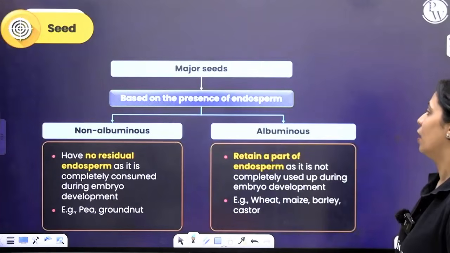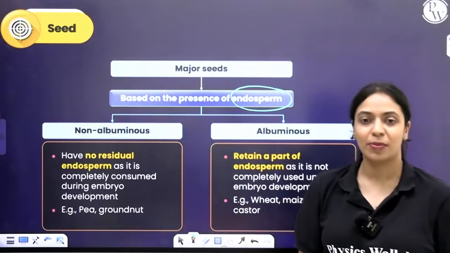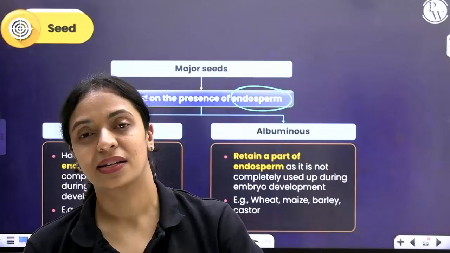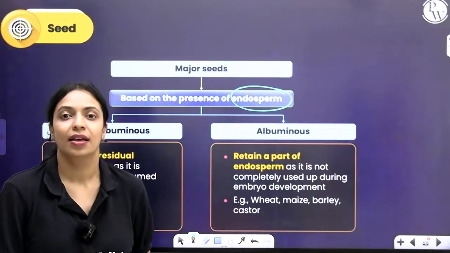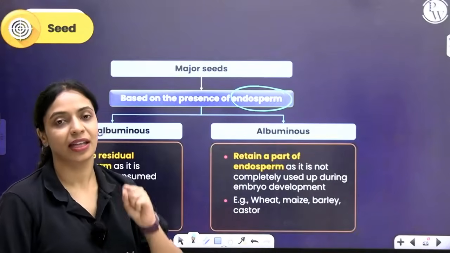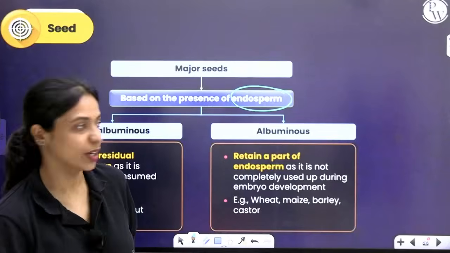Now, depending upon whether endosperm is present or not in mature seeds, you have 2 types of seeds. If endosperm is present at maturity, we call it albuminous or endospermic seeds. If endosperm is absent at maturity, because the embryo has fully consumed it, then we call it non-endospermic or exalbuminous seeds.